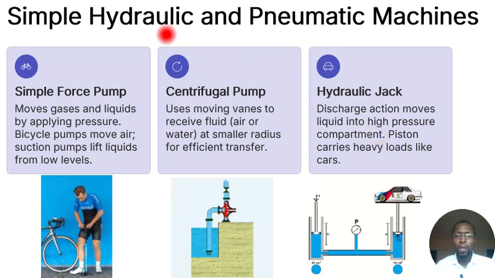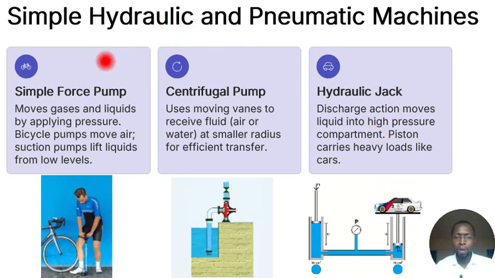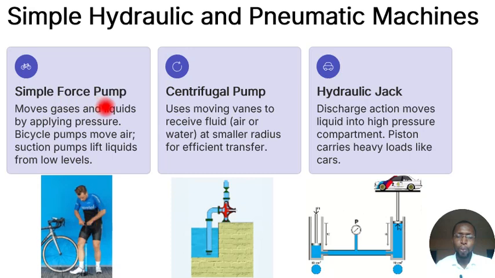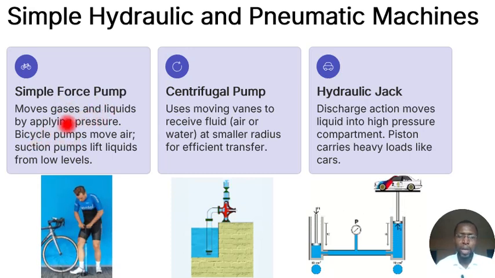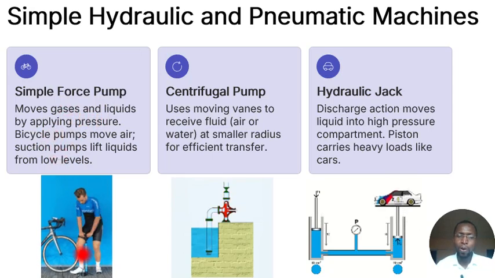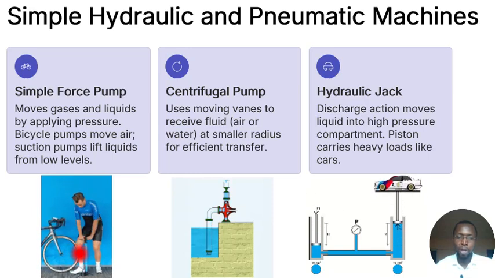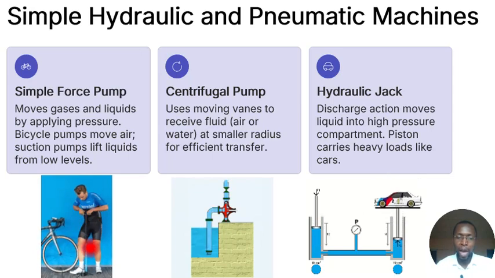Now we have some other simple hydraulic and pneumatic machines. Number one is the simple force pump. A good example of the simple force pump is the bicycle pump. As you can see, this young man here is using the bicycle pump to pump his bicycle tires. So the bicycle pump actually moves air.